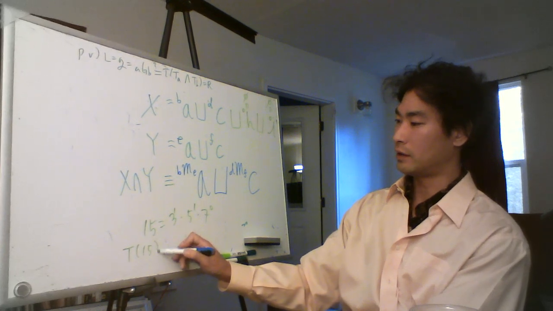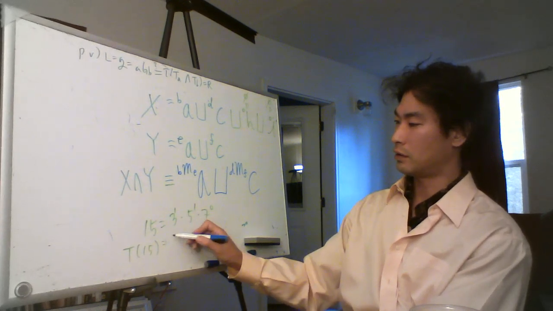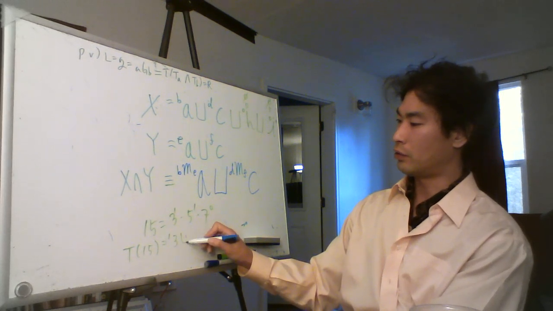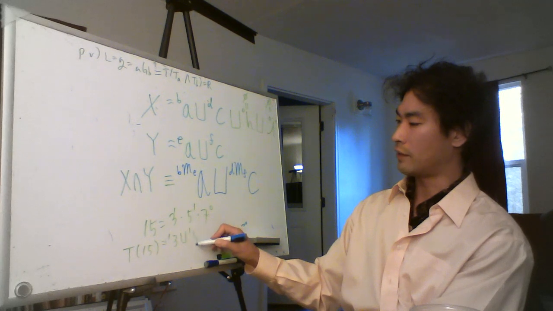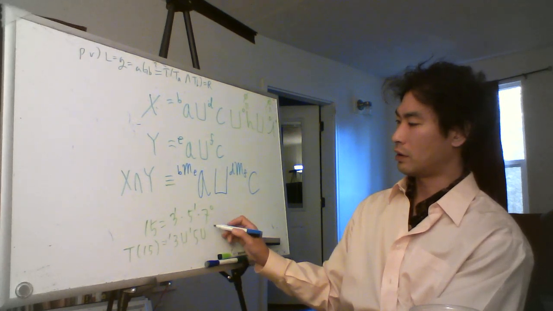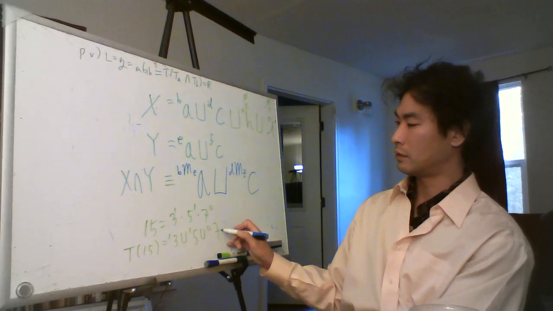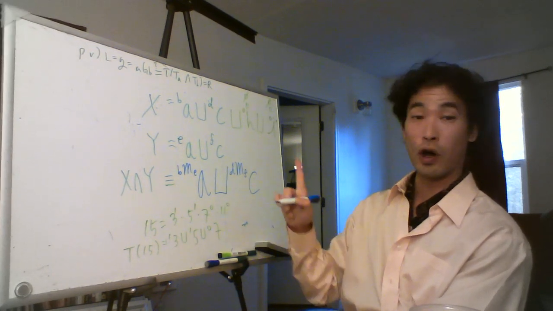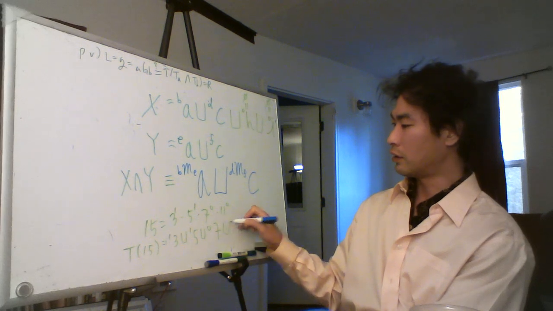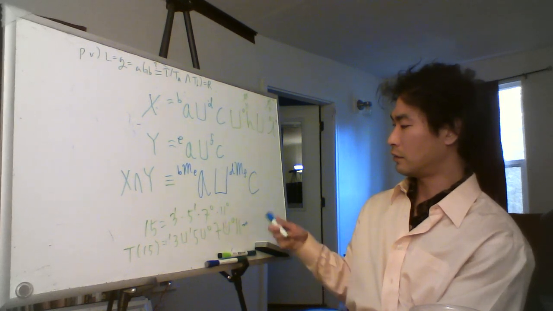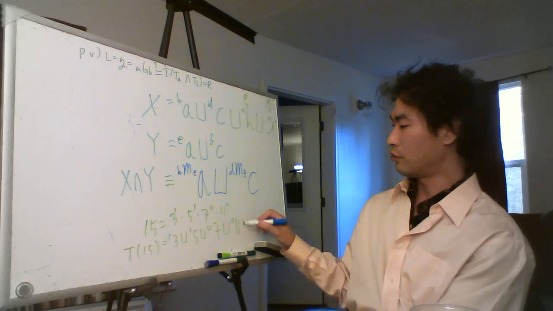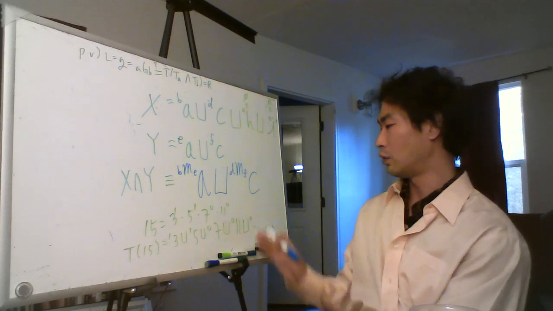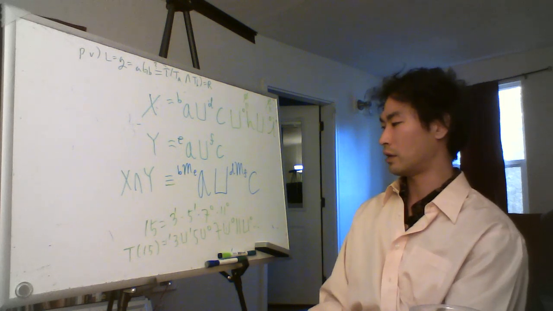T of 15 is equal to what? 1, 3, union, 1, 5, union, 0, 7, and you have 11 to the 0, which is 1, right? Union, 0, 11, union, dot, dot, dot, all other prime factors with 0.